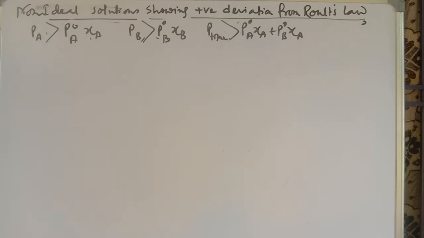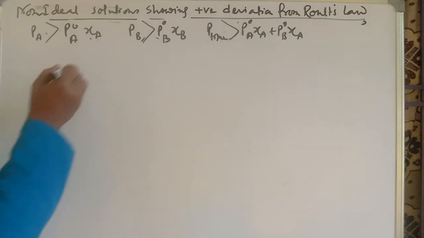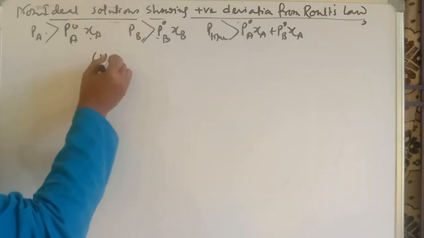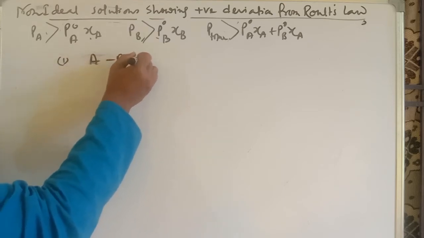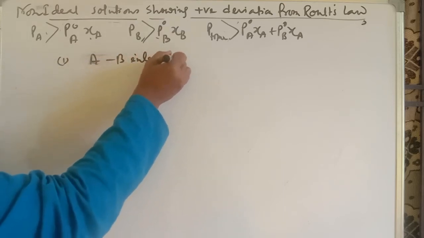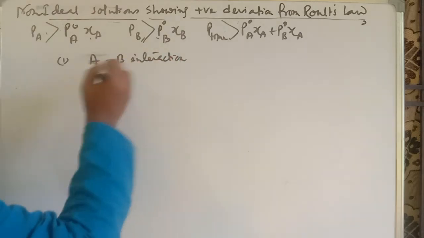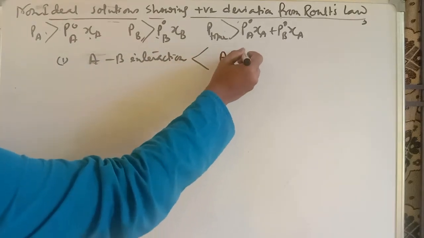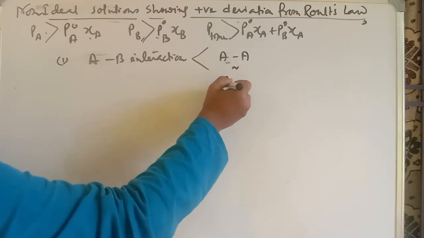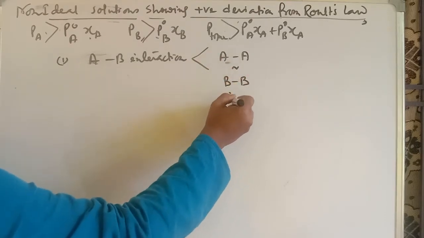For positive deviation, PA is greater than P naught A XA, so Raoult's law is not obeyed. And more conditions are there. First condition: the A-B interaction, that is, the solute-solvent interaction, is less than the AA or BB interaction.